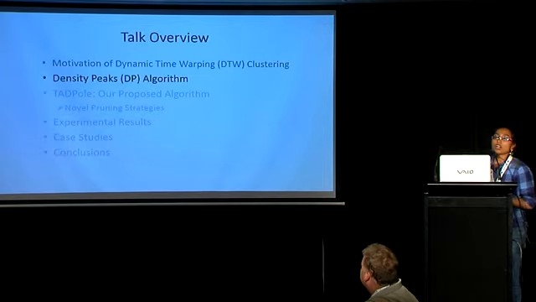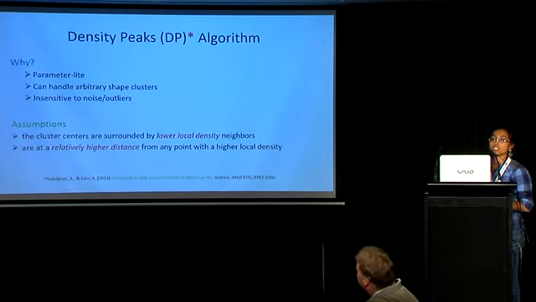Now I'll give an overview of the density peaks algorithm that we use in this paper. It has already received more than 40 citations, and it was published very recently in 2014 in the Science journal. So the first question is, why do we even need to use this DP, or density peaks, algorithm?